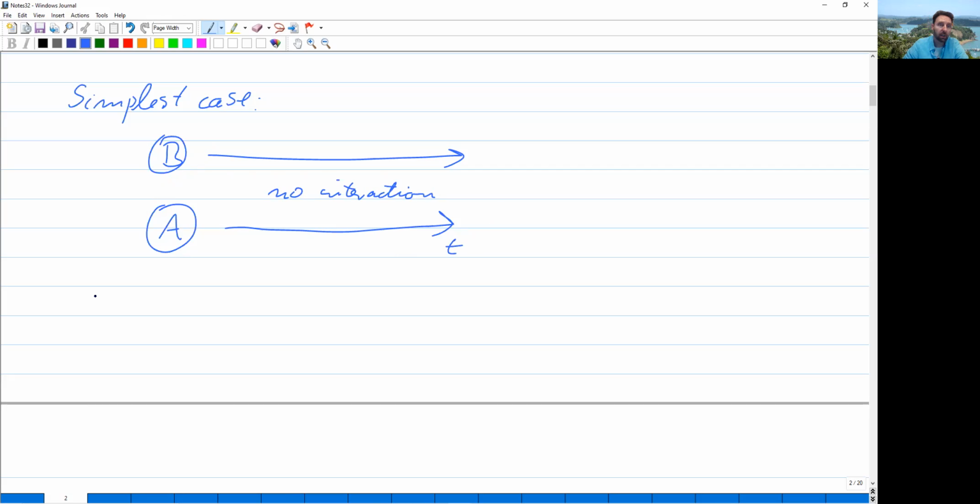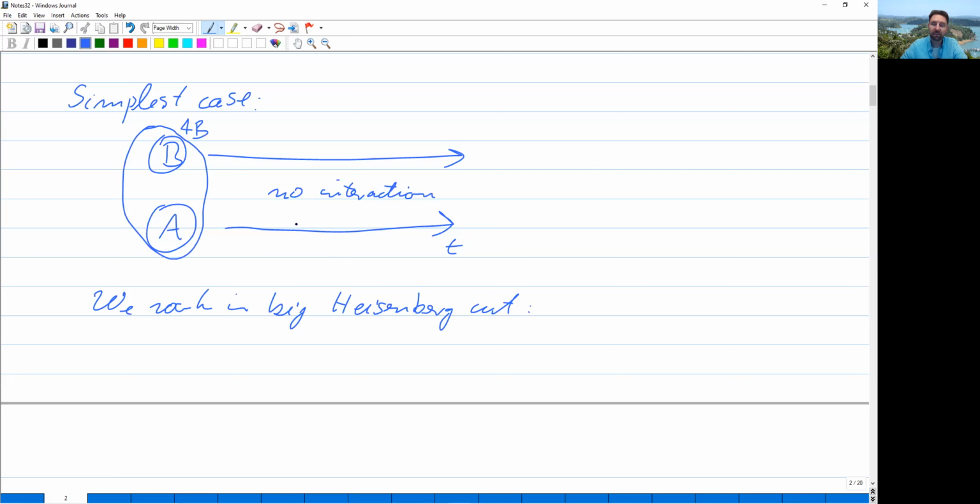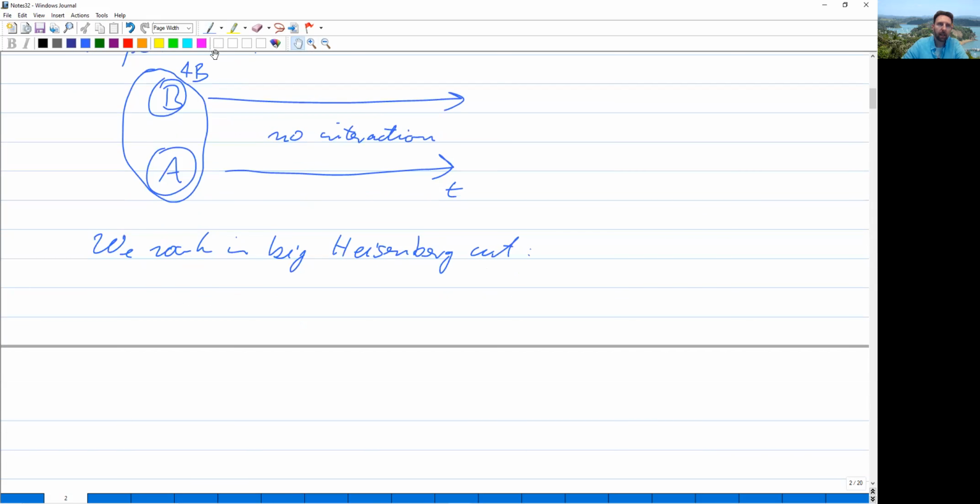Okay, so we work in the big Heisenberg cut. So we work with this picture, of course, right? So AB. Now, what happens in AB? For system AB, we have to ask, what's the initial state? What's the Hamiltonian? What's the time evolution? How does the state evolve?